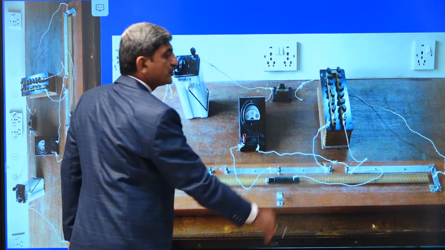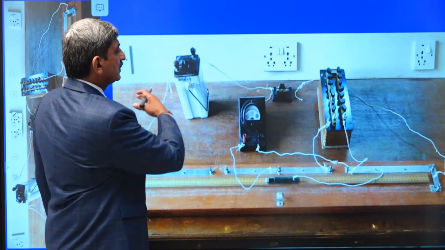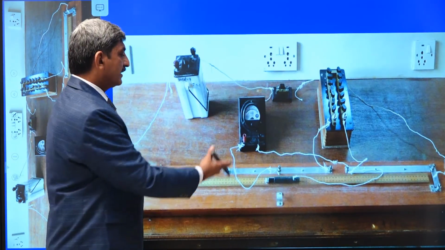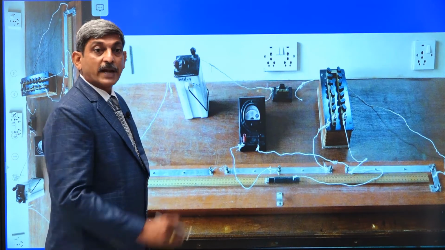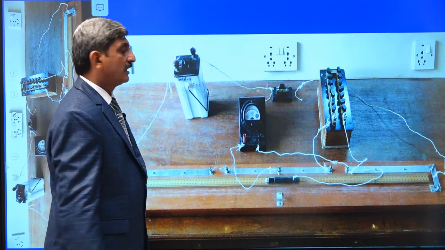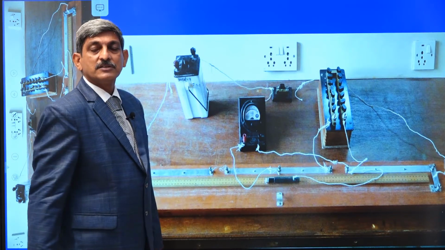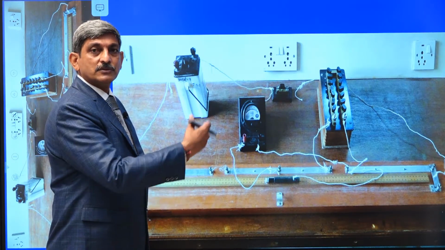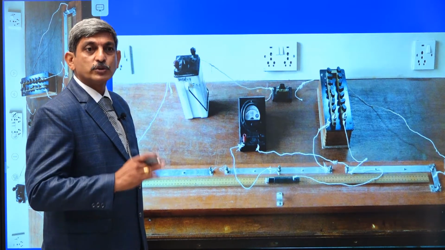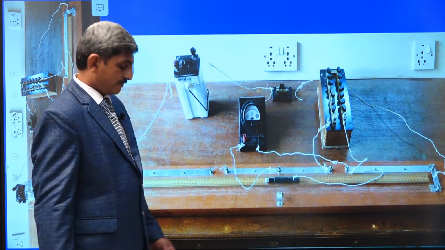This is the jockey. So the elements are connected like this, and this is the practical appearance in the laboratory after making the connections. Now using this bridge, we are going to derive the balancing condition of the meter bridge to determine the unknown resistance values.